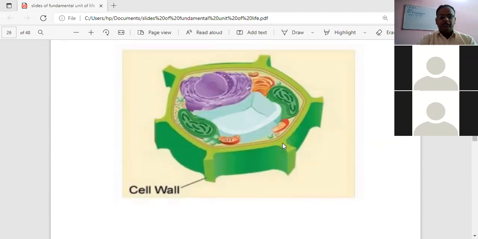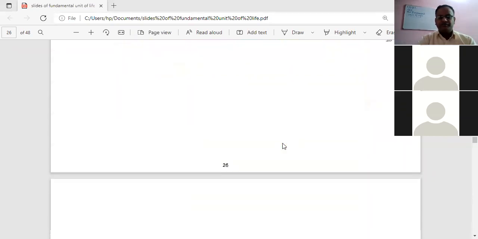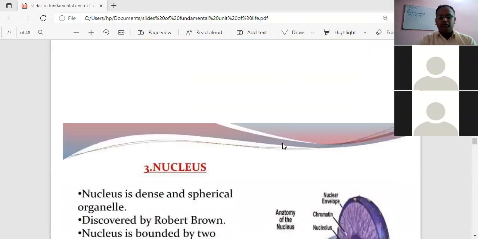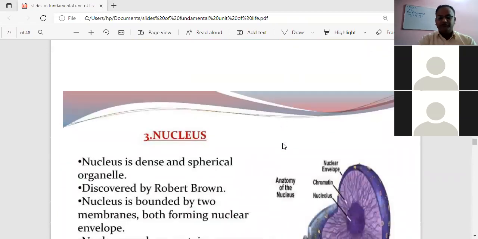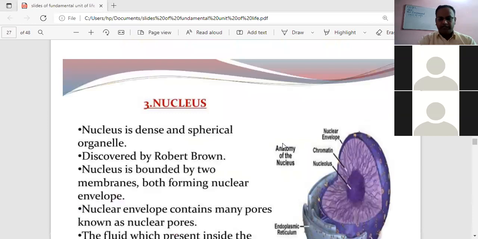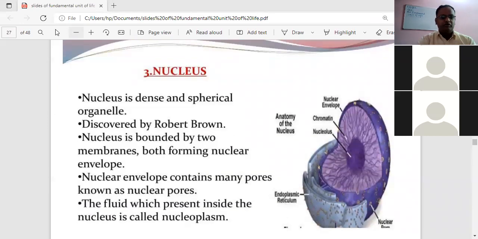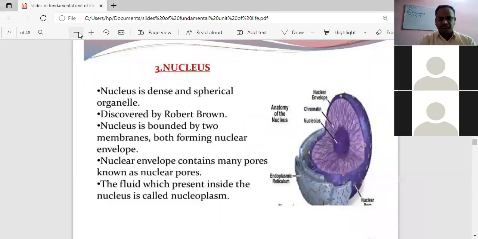Okay. Now, after this, students, we will be coming to one of the major portions of our discussion regarding the cell organelles, that is the nucleus. If we say about the nucleus structure and who discovered it, definitely Robert Brown discovered the nucleus.